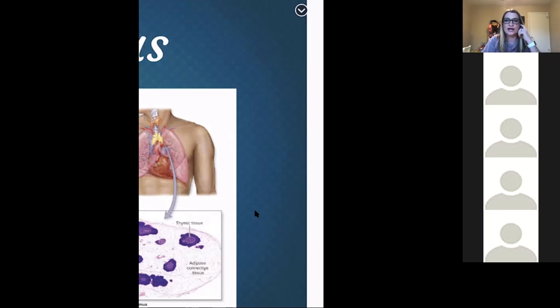These areas are going to have different functions when we talk about the maturation of T lymphocytes. So the thymus is a site, a place where the T lymphocytes mature.